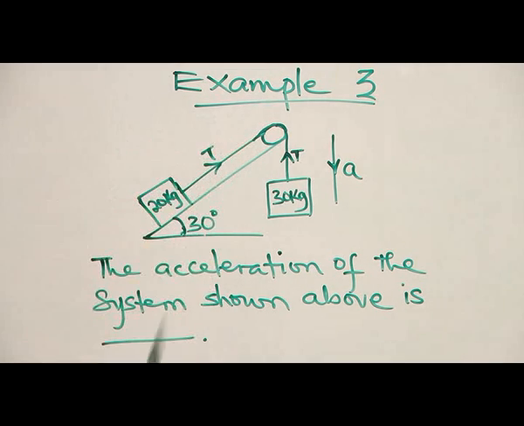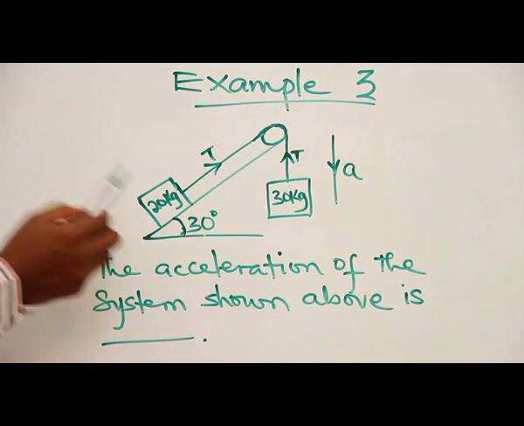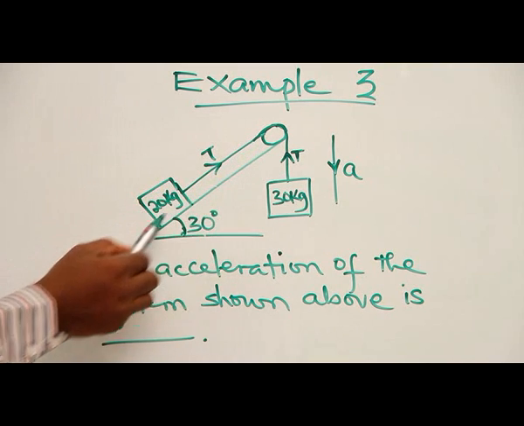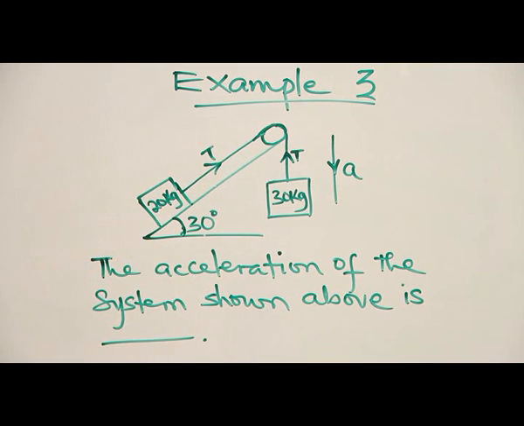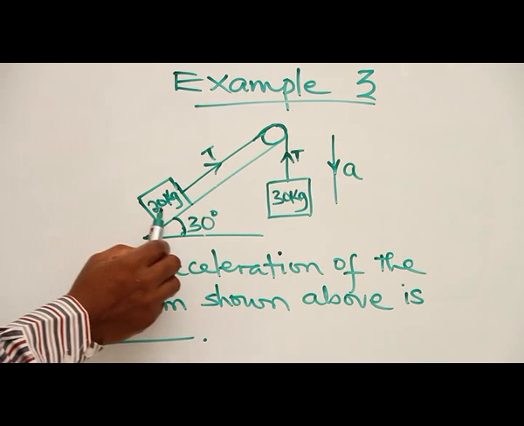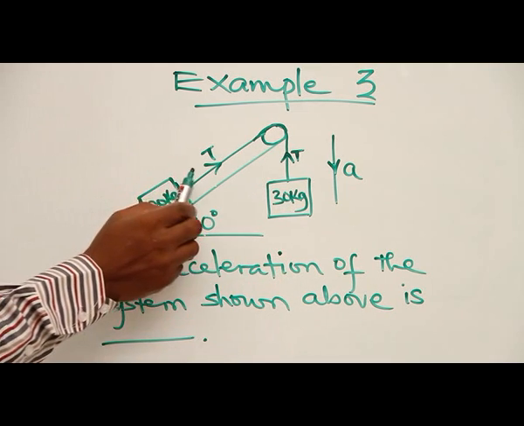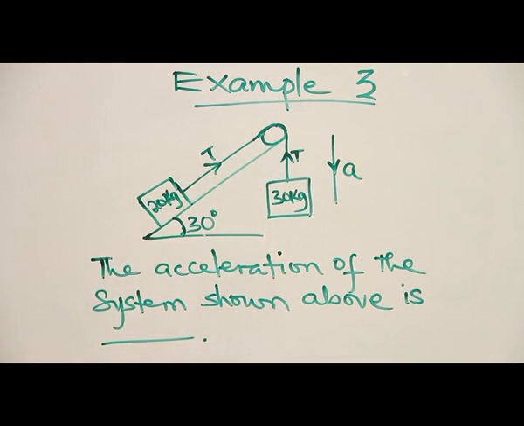Example 3. We have an object that is hung on an inclined plane, a plane inclined at angle 30. Two masses, 20 kg and 30 kg. The tensions are as indicated by letter T. By the diagram, the object accelerates downward.